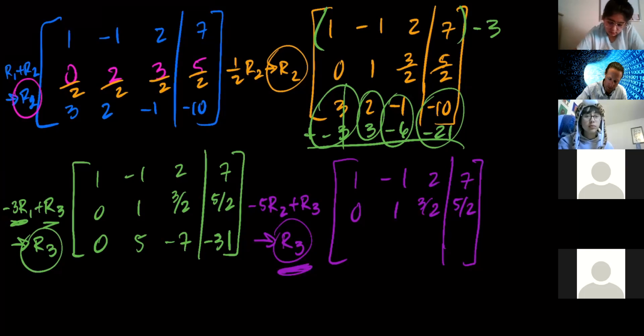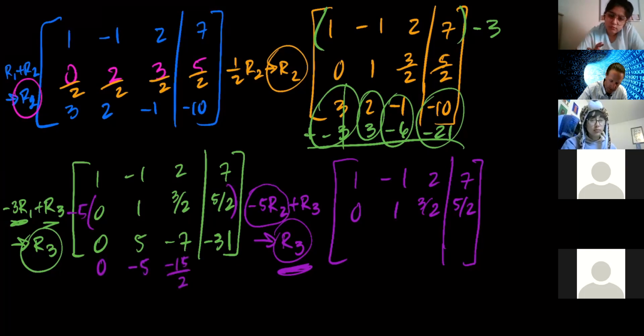So multiplying all of row 2 by -5 would give me a 0, a -5, -15 halves, and -25 halves. Oh, man. Almost didn't have to touch those fractions, but here we are. Don't stress too much. First two are easy. That's a 0.